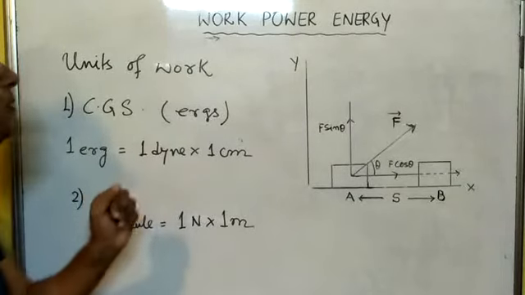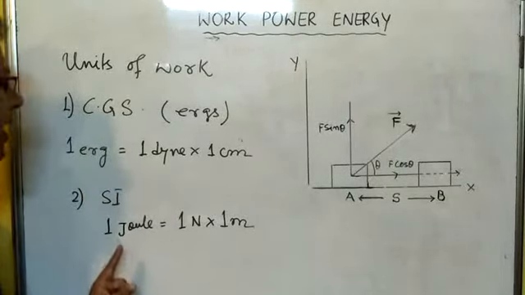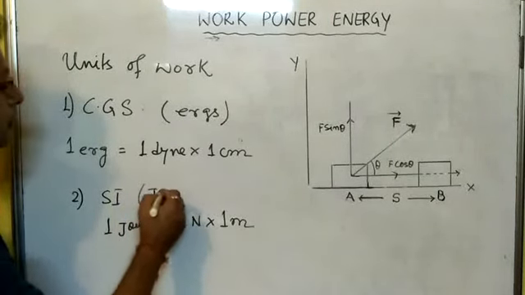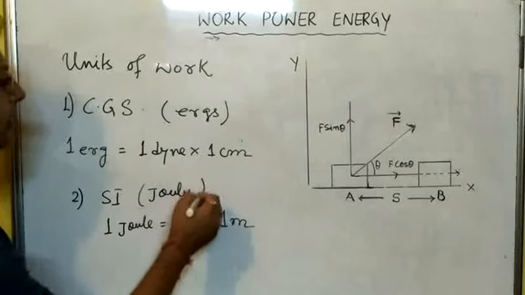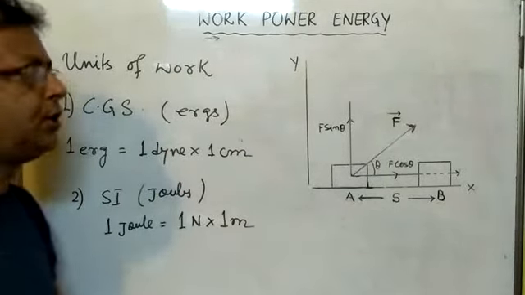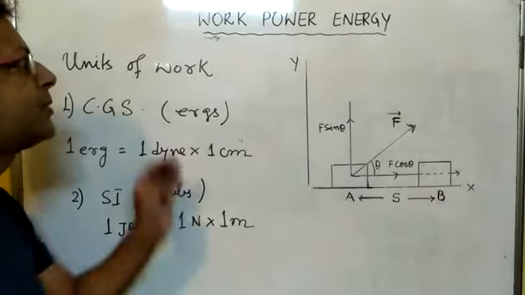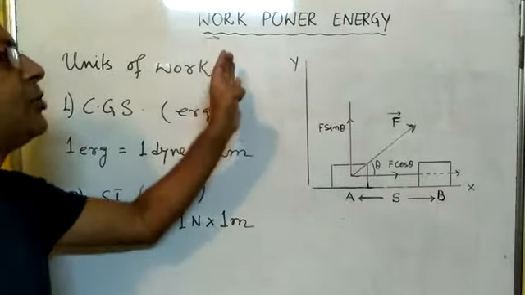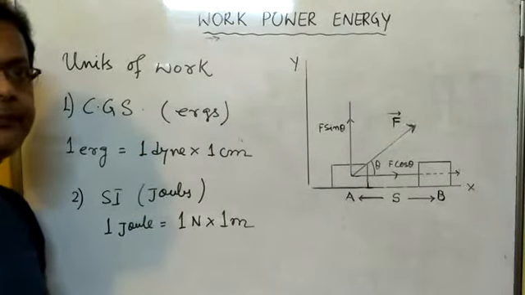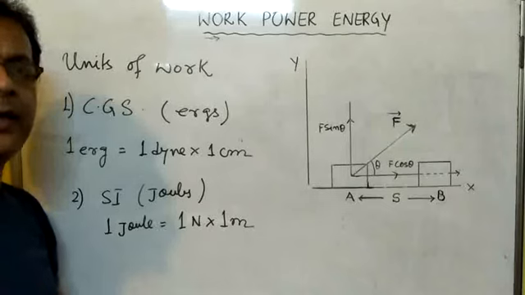So two basic units of work: the CGS unit and the SI unit, ergs and joules. So this is a little bit of introduction of work. In subsequent classes, we will see the definitions of power and energy, and then we mix everything and understand. So for the first class, thank you very much.